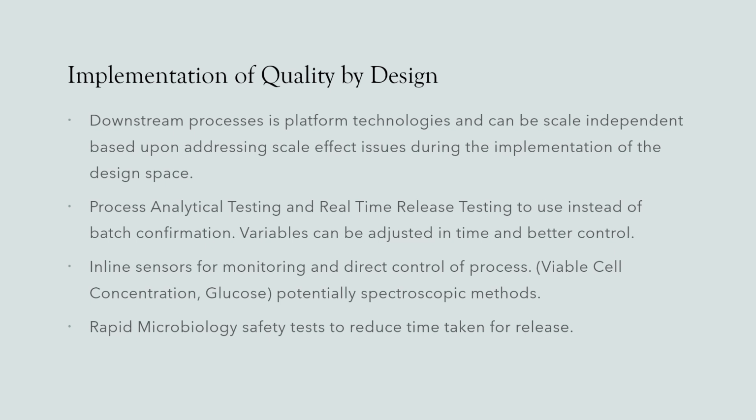This is usually for viable cell concentration and glucose. The potential to use spectroscopic techniques such as HPLC, I think that's already been established if you check the guidelines. And again, rapid microbiology safety tests to reduce the time taken for release. So currently, I guess the traditional format would be to do your sterility test, and that can be quite time consuming.